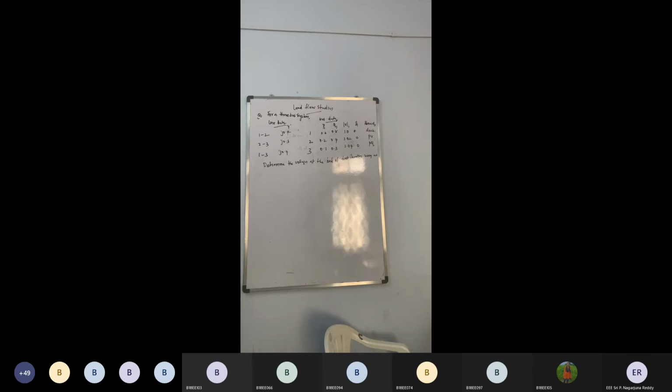So this is the problem which has been given to us. This is the line data. This is the bus data. Have you noted down? Shall we go ahead?